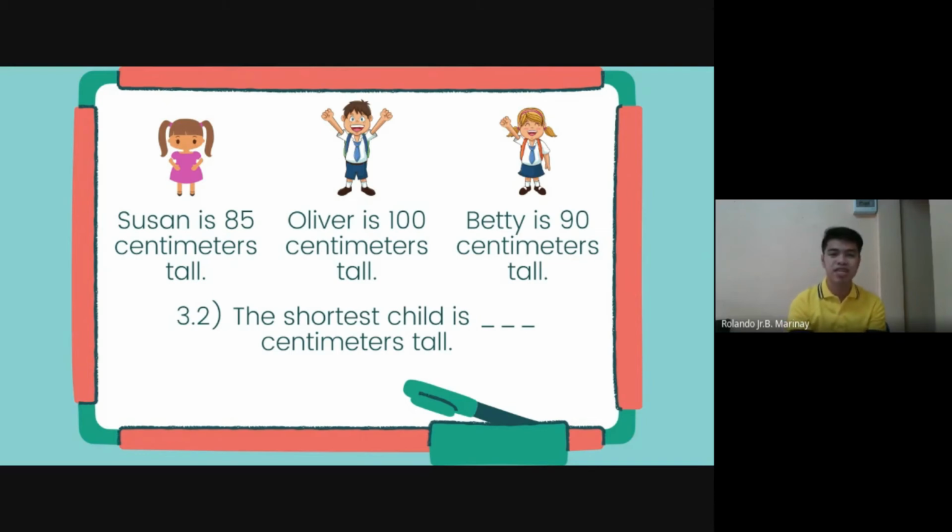So how tall is the shortest child? The shortest child is Susan. So we're going to write 85. So the shortest child is 85 centimeters tall.